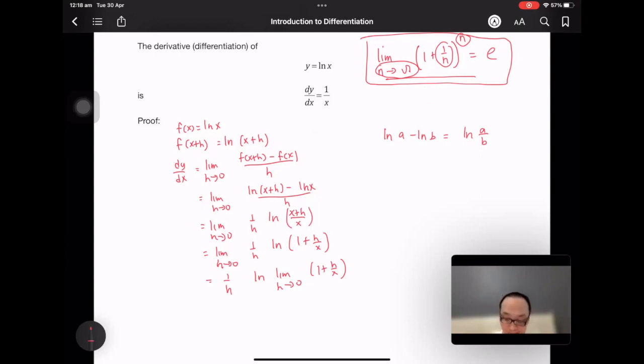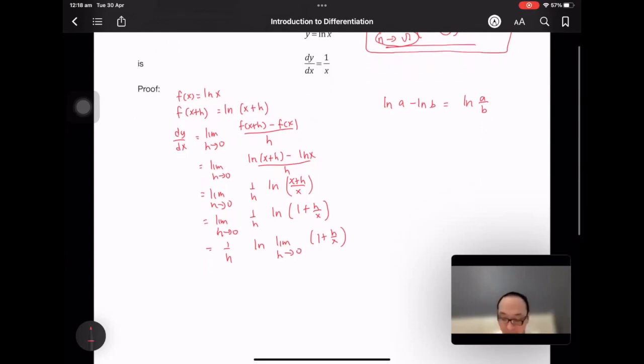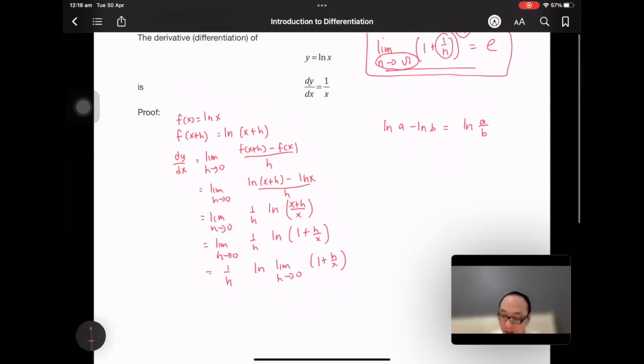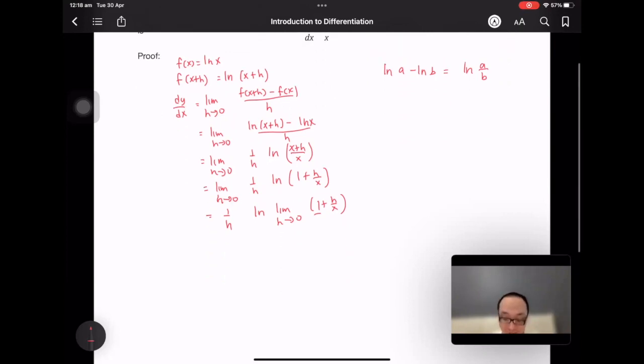So how do we change this form into that form? We have 1 already, so we need 1 over n. So we have to change 1 over h ln limit h approaches 0, this is 1 plus (1 over x over h).